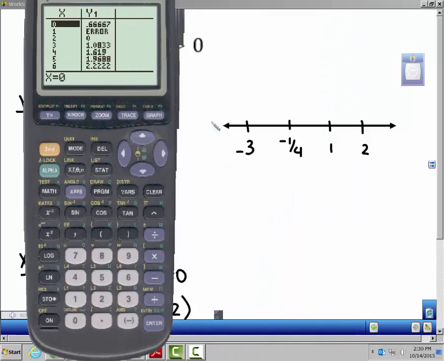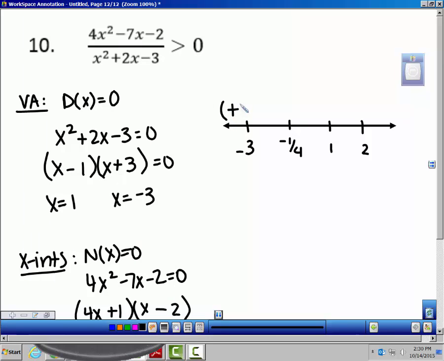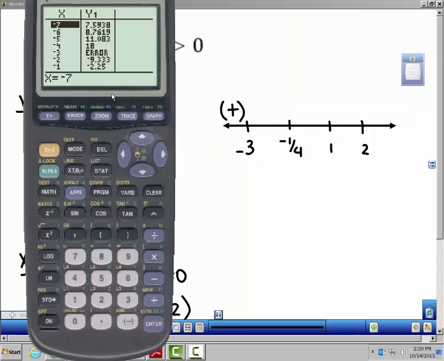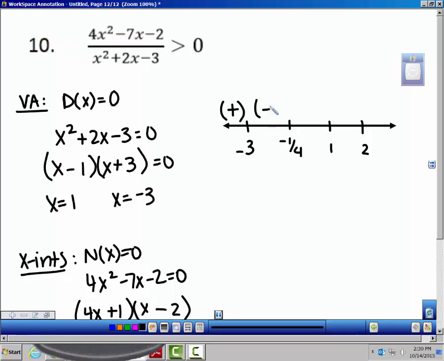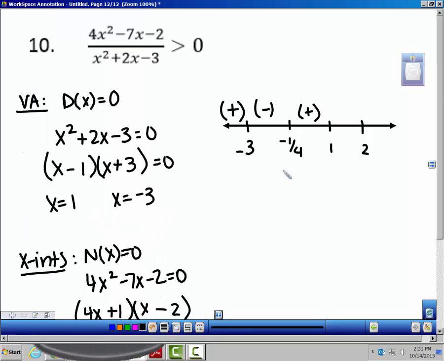Alright, so I'm going to go in my table to this interval, less than negative 3. So notice at negative 3 there's an error, because that's a vertical asymptote. So everything less than that, you'll notice all these y values, these are positive. Okay, so this interval is positive. And then between negative 3 and negative 1/4, notice these are negative values. And then between 1/4 and positive 1, it changes there to positive values.